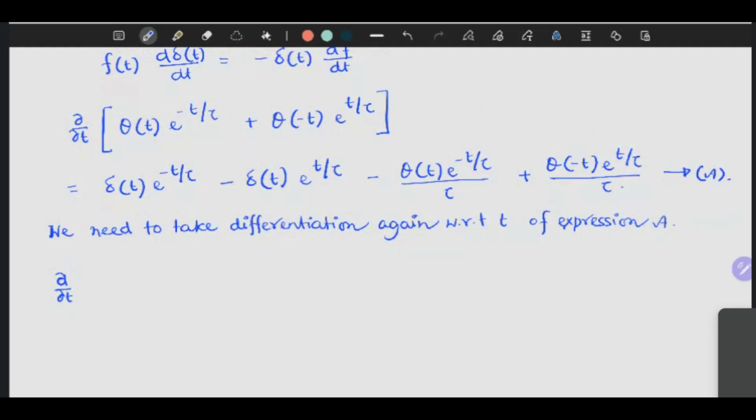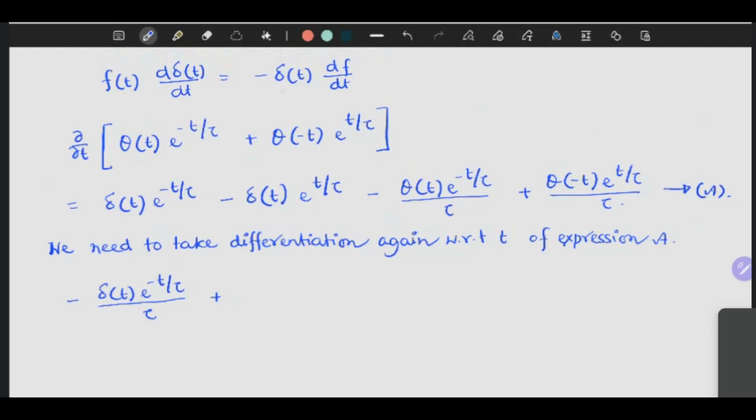So for this thing, the first thing will be minus delta t e to the power minus t by tau. Using this formula here, if you take e to the power minus t by tau and differentiate, it will be minus delta t minus delta t of df dt.